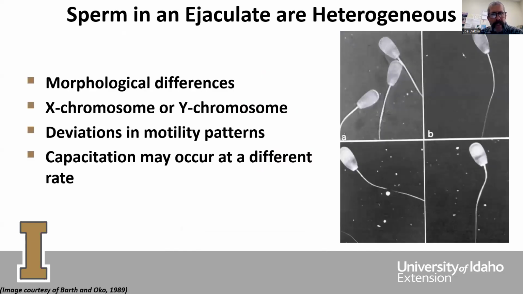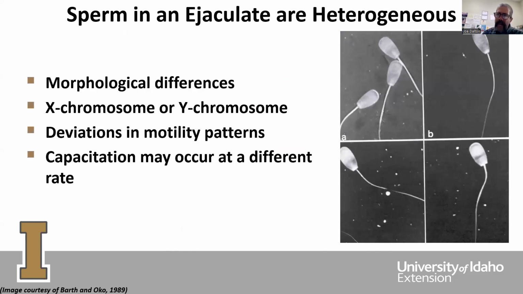Well, the ejaculate is a heterogeneous population of sperm. And what do I mean by that? What I mean is not all sperm cells are going to be exactly the same. They're going to have morphological differences. Some will be very subtle, some will be very distinct.